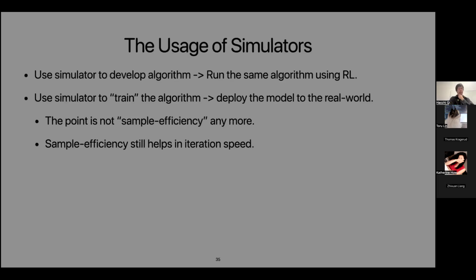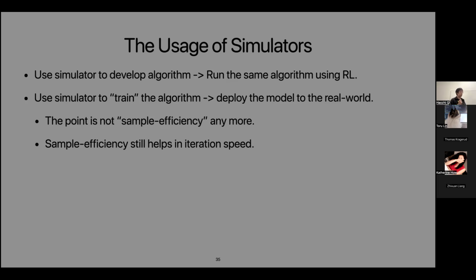Okay, and as we have already seen in previous sections, simulation is widely used in RL research. For example, the OpenAI Gym or the DM Control, and people usually use simulators in 2 different ways. They can use simulators to develop algorithms, either RL algorithms or even model-based control algorithms.